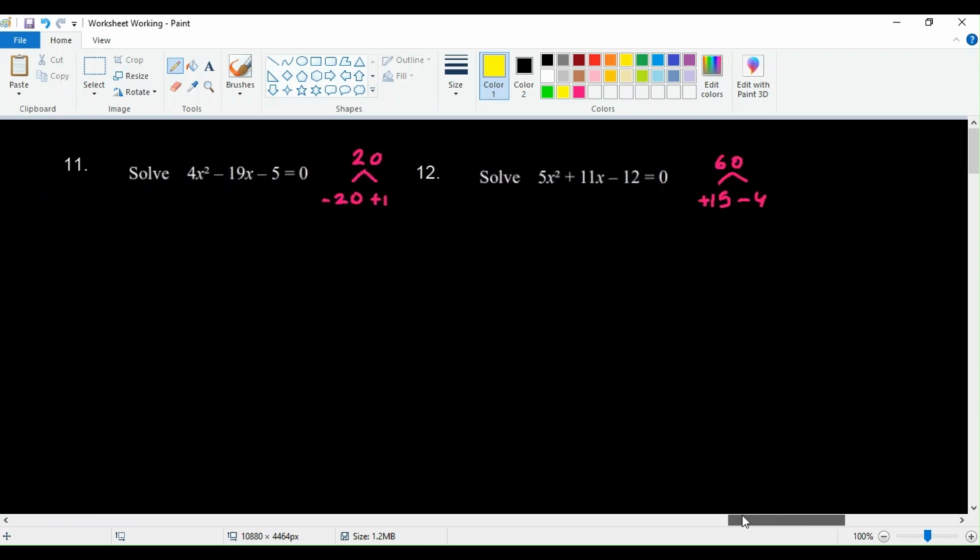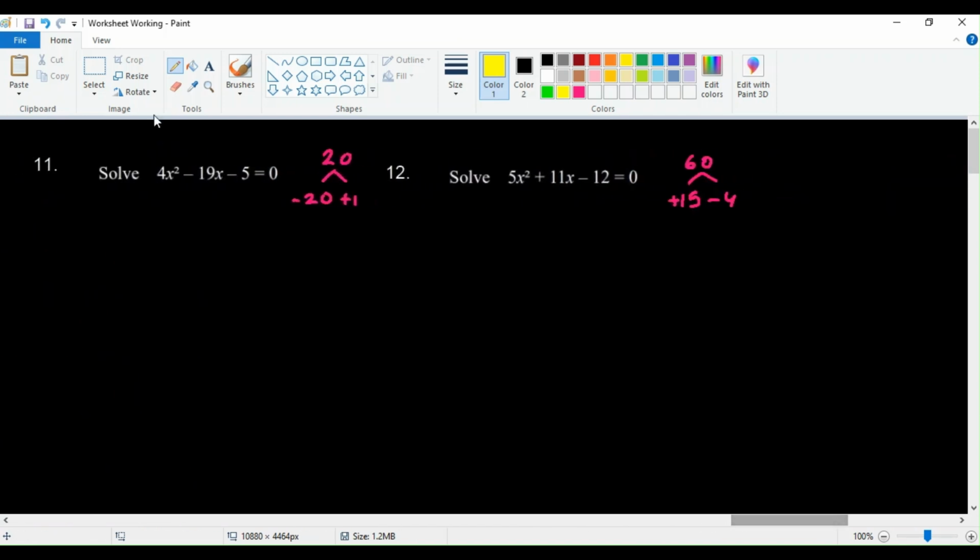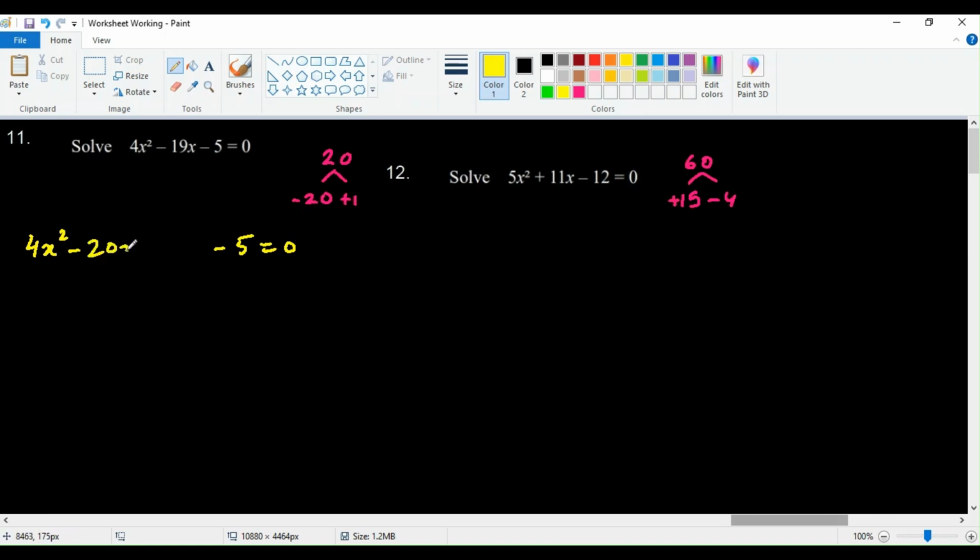As you can see that multiplying 5 and 4 gives us 20. So I will write first one as it is without a change, and the last one also without a change, equals 0, and minus 20x and plus 1x gives us minus 19x. So in the first two, 4x is common, and x minus 5 is going to be in the first bracket, copying down the first bracket as it is.